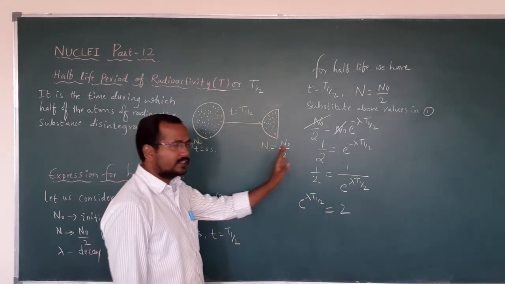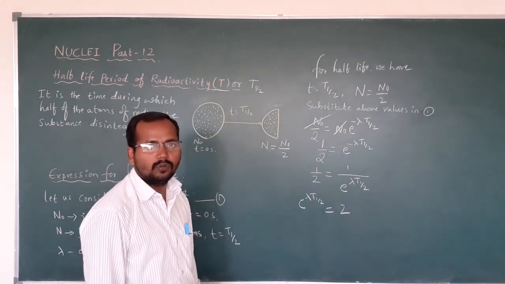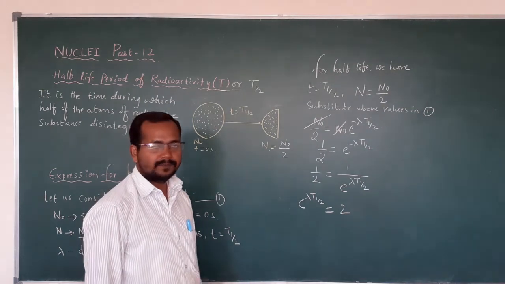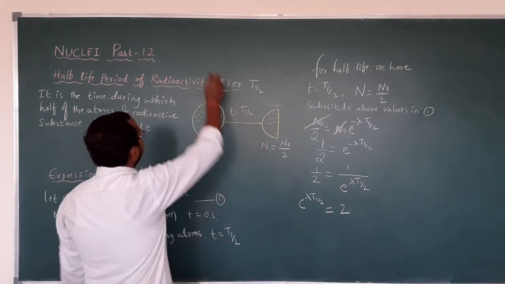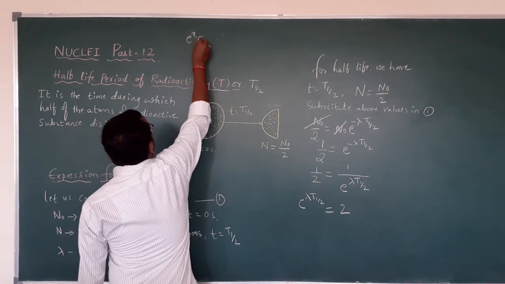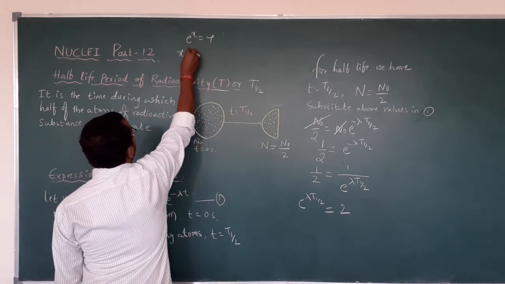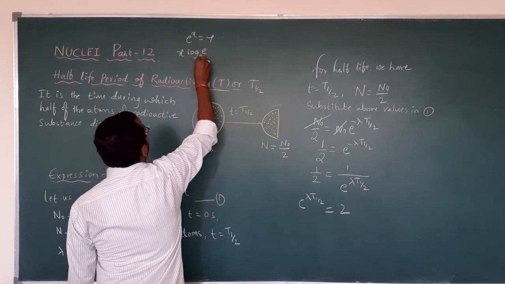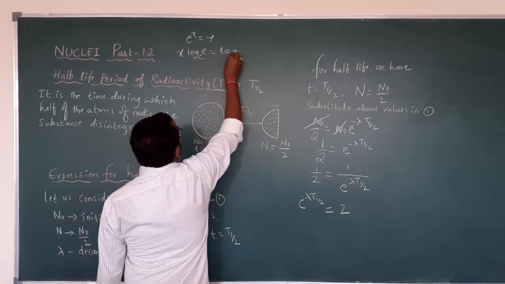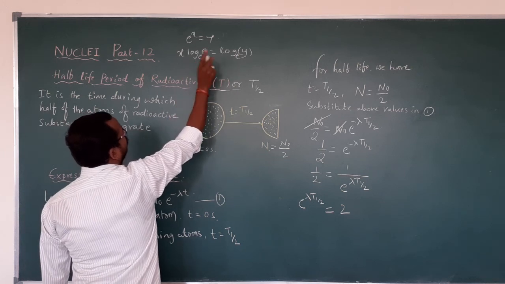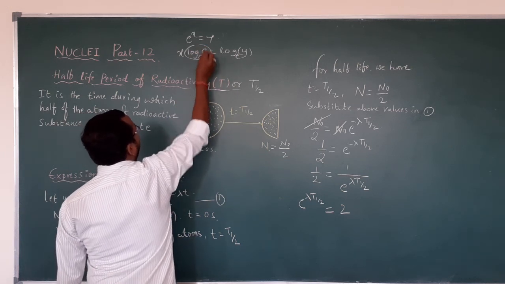Now if you want to remove this exponential term, apply log on both sides. We know that e raised to x is equal to y, then if you apply log on both sides, it becomes x log e to the base e is equal to log y to the base e. Now log e to the base e is 1, so this term becomes 1.